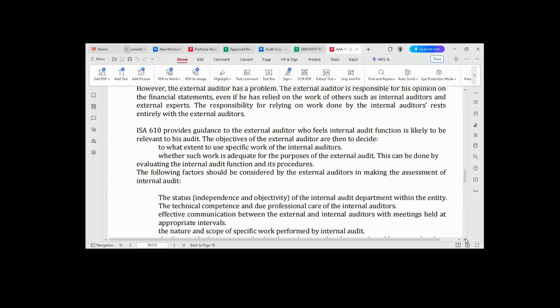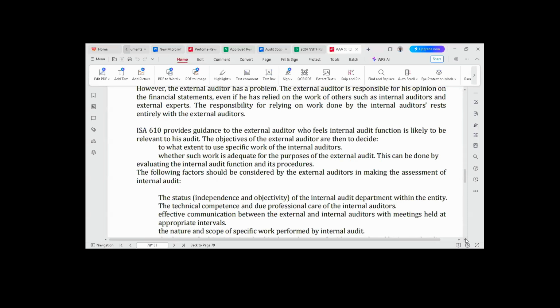So we need to look at it to see, does the internal audit department have some form of what? Independence. And mind you, the independence you are going to get from the internal audit department will not be the same as the one that you get from an external auditor, because the external auditor is not a staff of the organization, whereas the internal auditor is a staff of the organization.